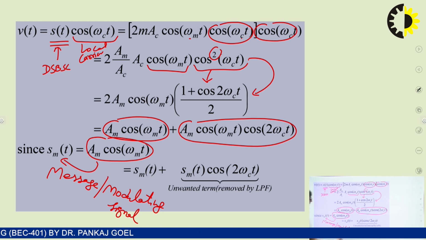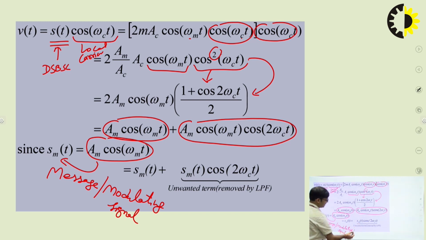So this product term, this is a high frequency term, and this high frequency term can be removed by using a low pass filter. What a low pass filter does is, it passes a low frequency signal and stops a high frequency signal. So this high frequency term will be stopped by this low pass filter and only the message signal is passed.